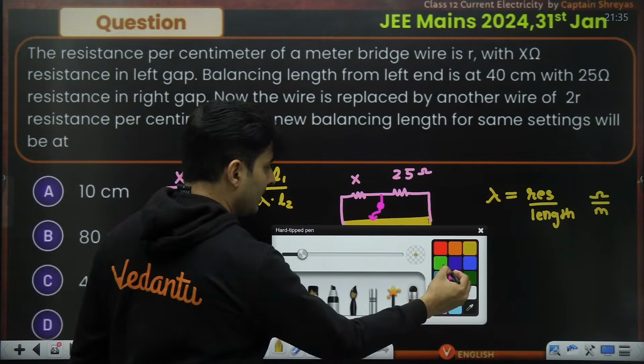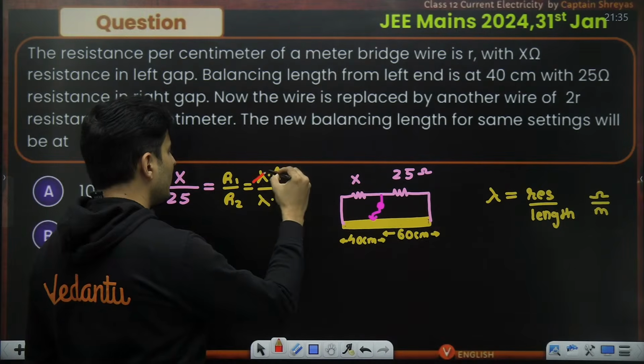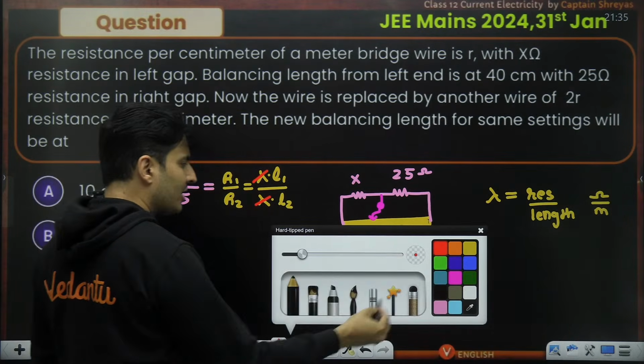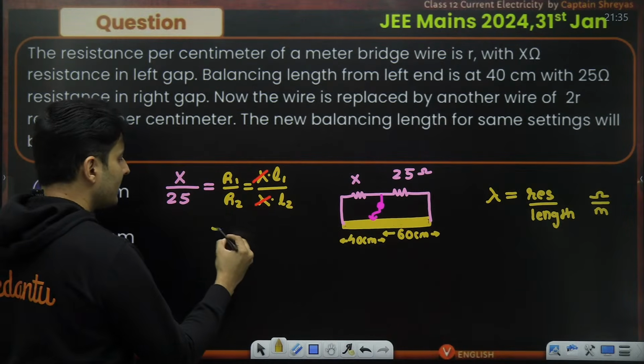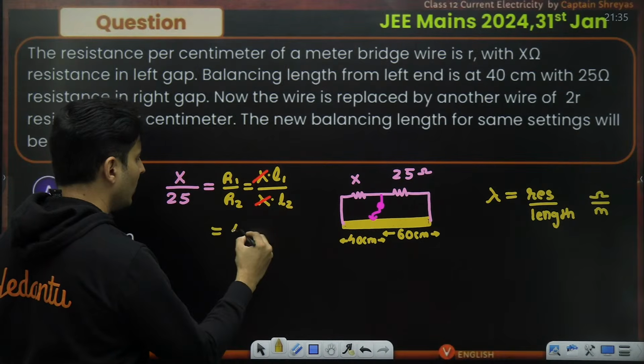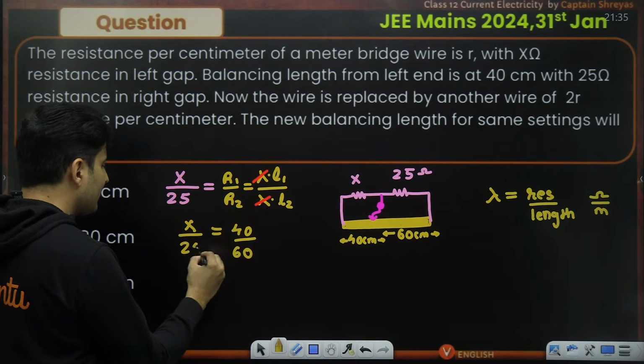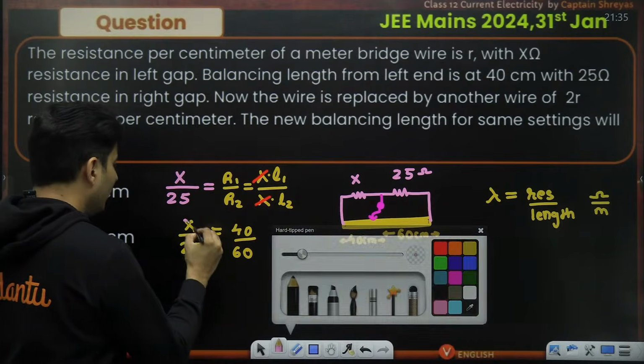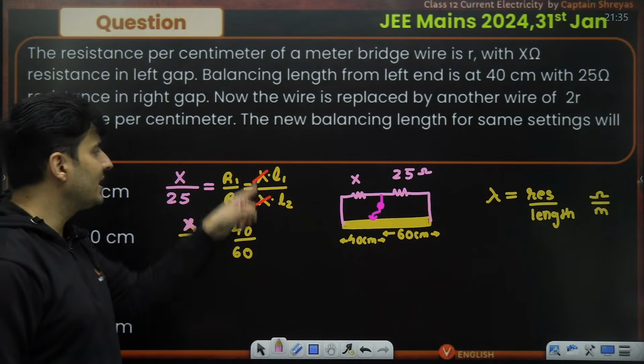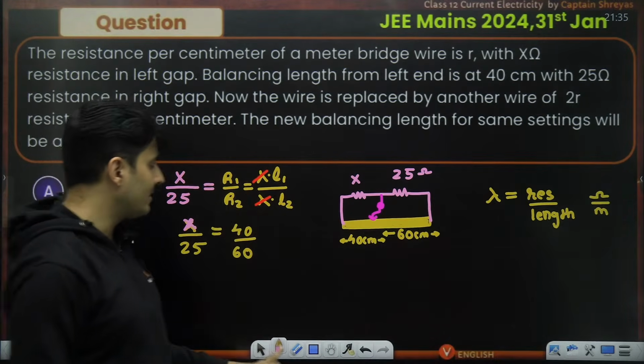What is happening is the lambda value is getting cancelled. So actually it does not depend on resistance per unit length, only it depends on length 1 and length 2. So the value of x will definitely not change just because you change lambda. It was anyways getting cancelled out.